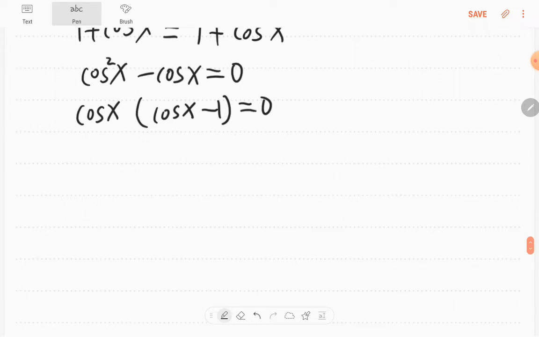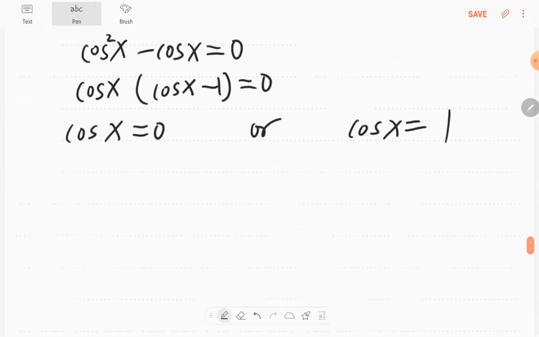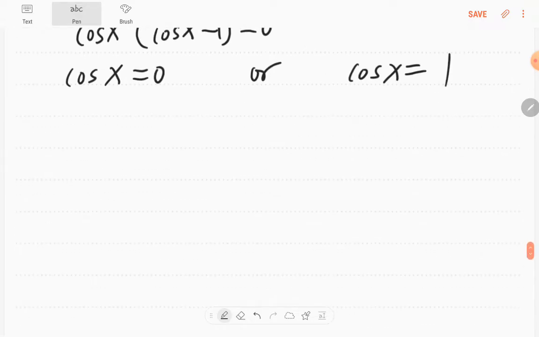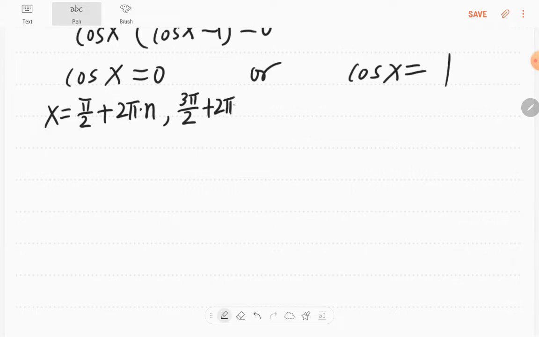You factorize it. So you have cosine equals 0 or cosine equals 1. Then we solve the equation separately. For cosine equals 0, you have two values to make the cosine 0. X equals pi over 2 plus 2 pi times n, or 3 pi over 2 plus 2 pi times n, right?